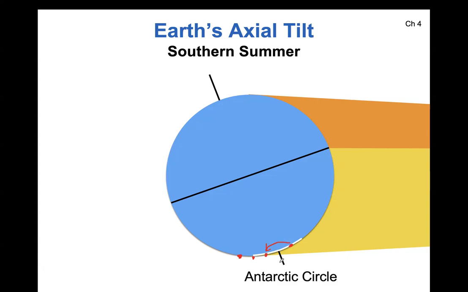You're still in sunlight. And so you're just going to remain in sunlight throughout that entire day. And so the very edge of the Antarctic Circle has perpetual light for just one day out of the year. This day, if this represents the longest day of the year. And then as we move closer to the pole, we get more and more days of perpetual sunlight around the southern hemisphere summer. And all the same logic would apply to the north.